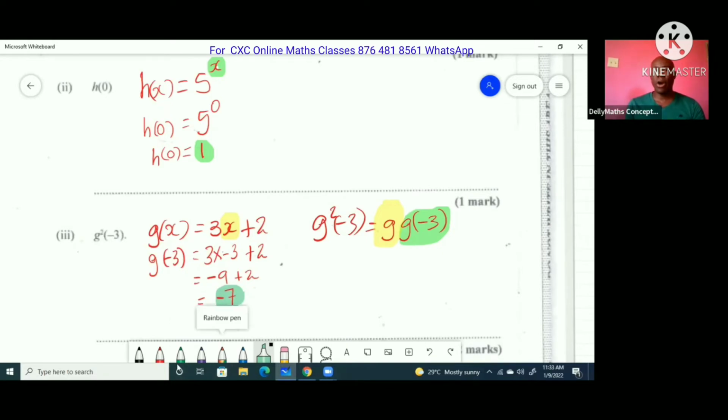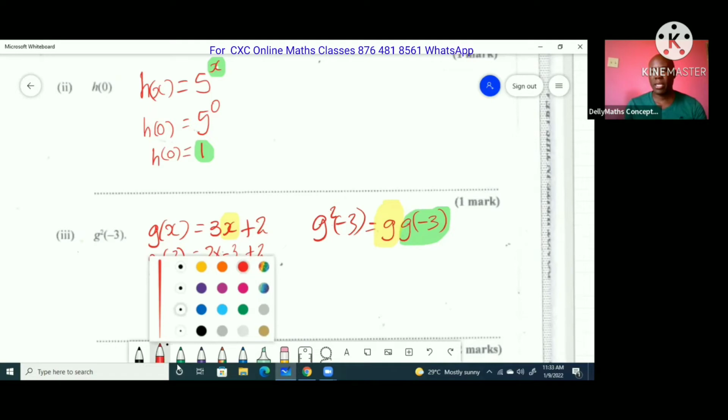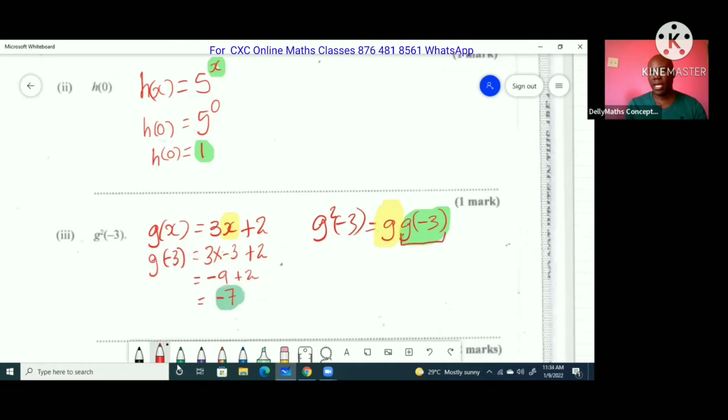So now I'm going to plug -7 into the g function. Remember, g of x is equal to 3x plus 2. So then we're going to have g of -7.